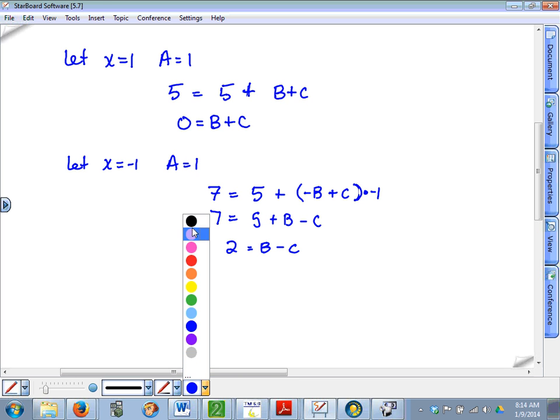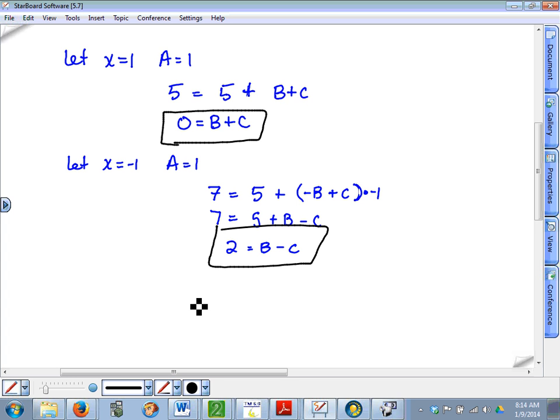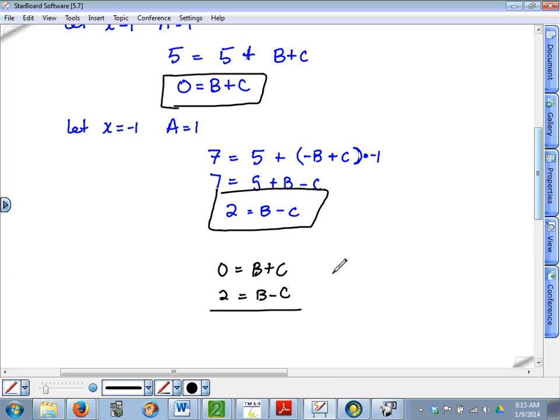So we take the 2. That we know 0 equals B plus C. 2 equals B minus C. Oh, it's set up so nicely. So if we eliminate here, we get 2 is equal to 2B.